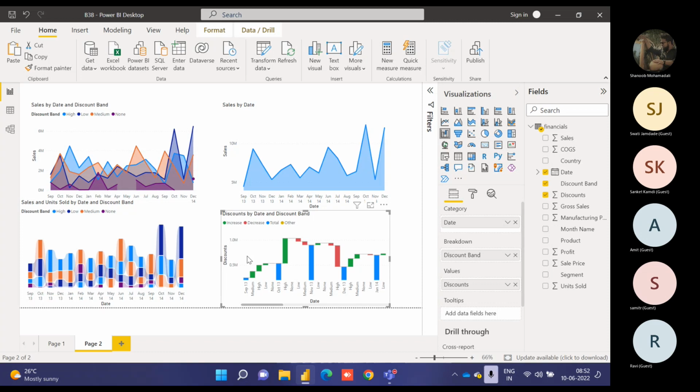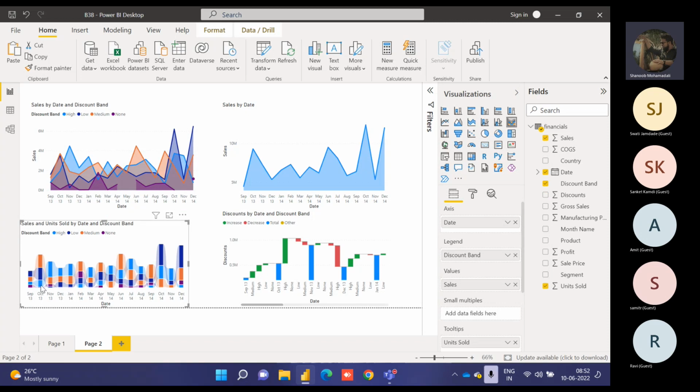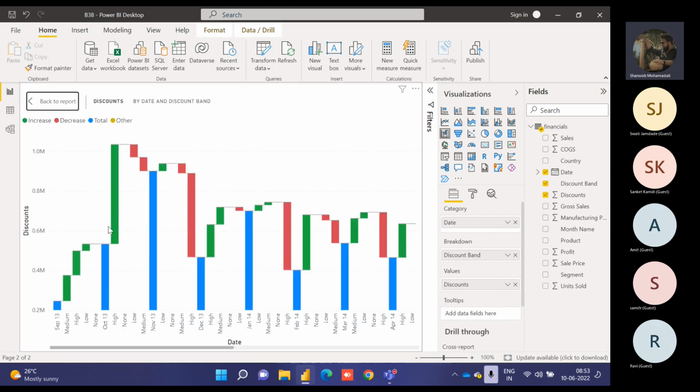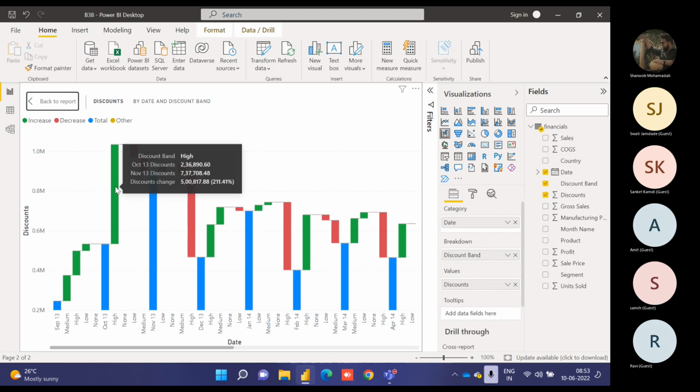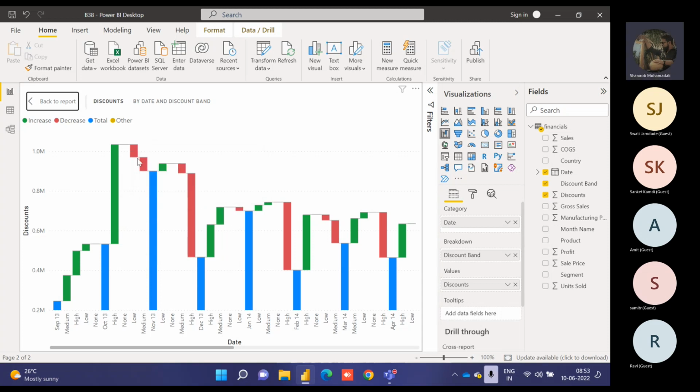That is why for September 2013, we don't have anything in the back. We have the September and October comparison, and in that comparison, everything is increasing. Now, if you compare October and November, it is an increase, and then there's a decrease.